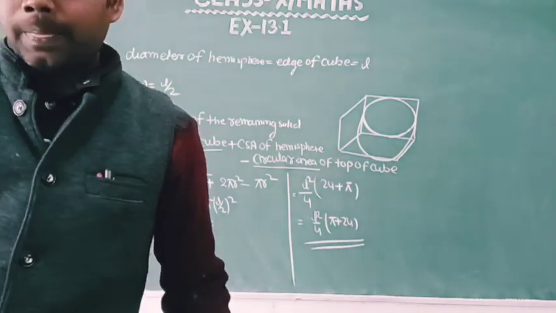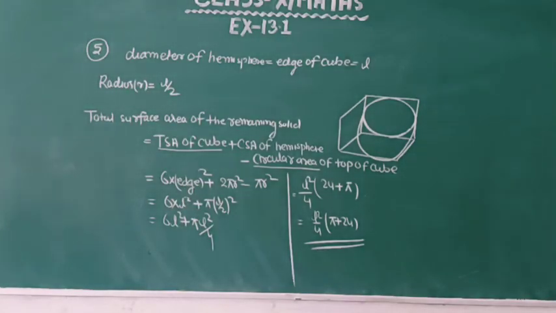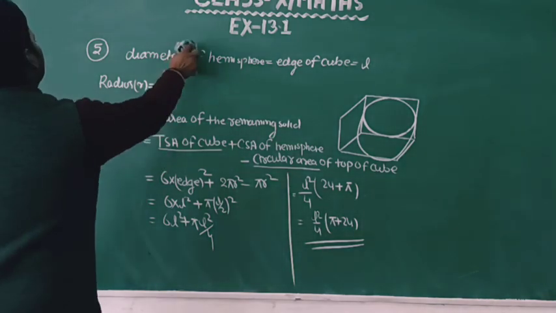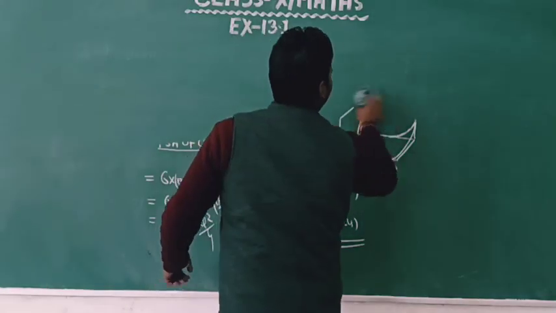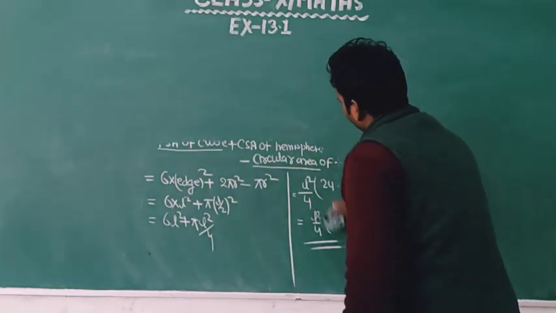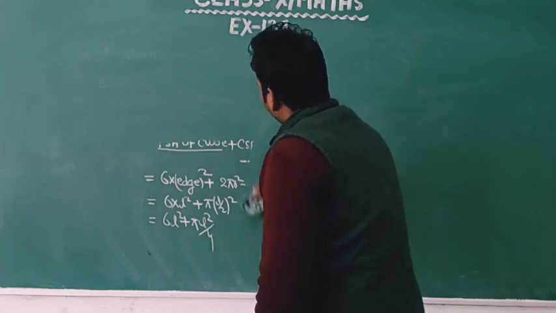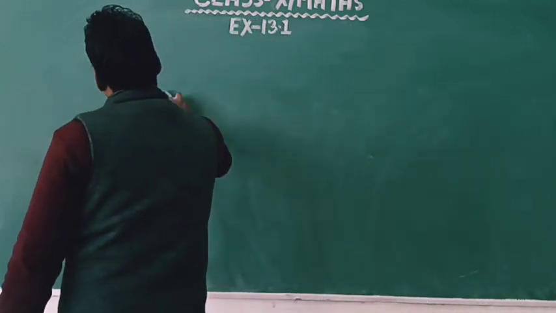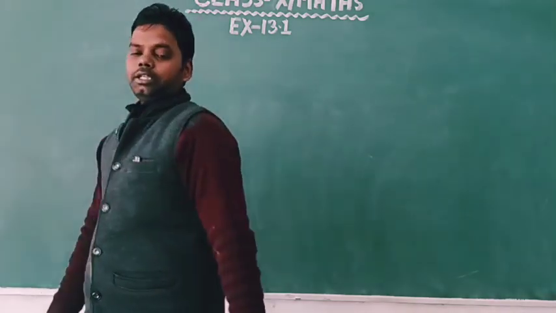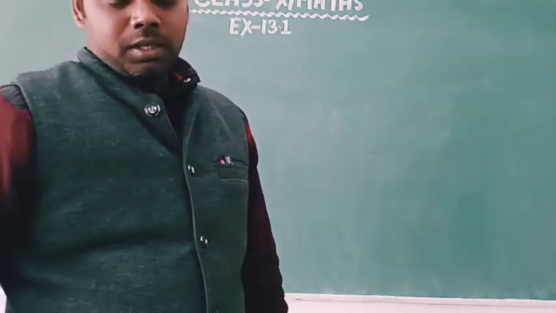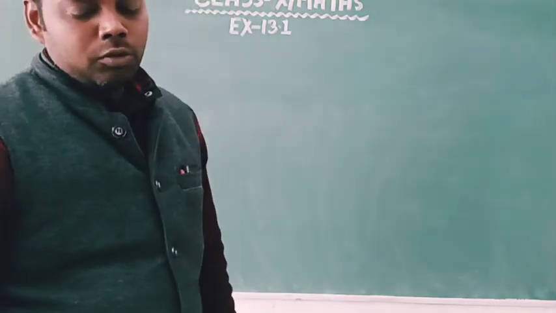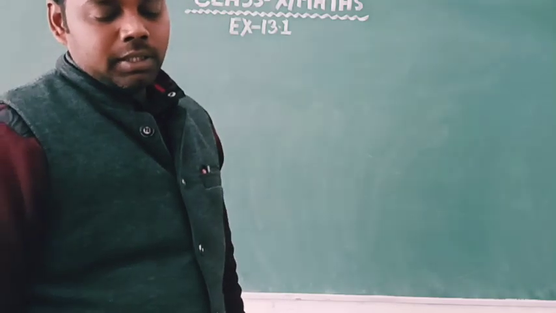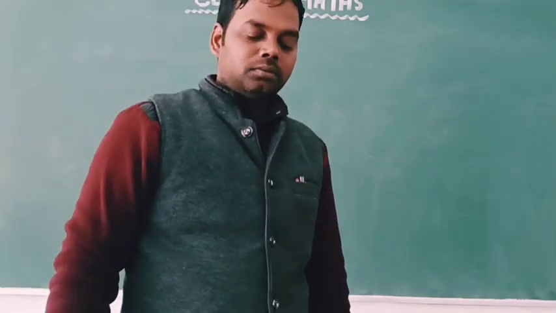Now move to the next question, question number 6. A medicine capsule is in the shape of a cylinder with two hemispheres stuck to each of its ends.